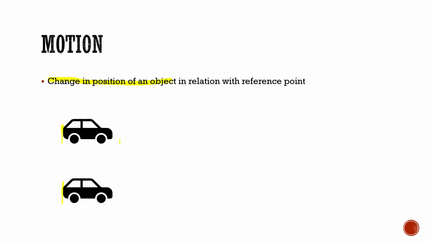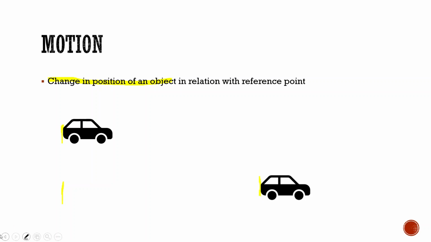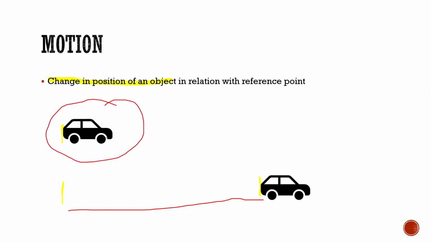So when we see car 2, it has moved through a distance and changed from its reference point. You can see here there is a distance between the reference point and now. Whereas car number 1 is in the same position. So the object is at rest.